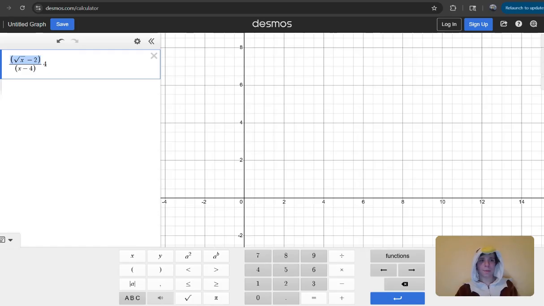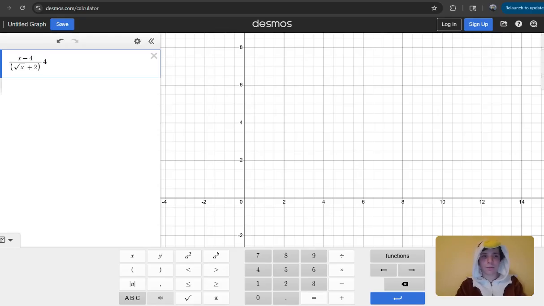You can do the multiply by the conjugate thing, where we multiply by square root of x plus 2 on the top and the bottom. And now we have x minus 4, because those cancel out.